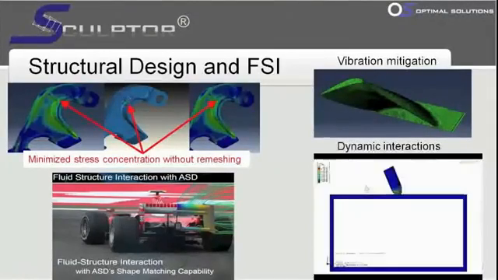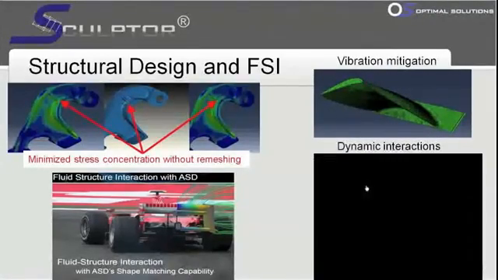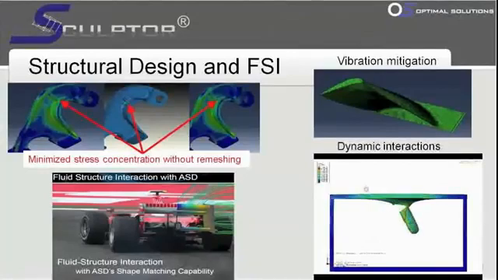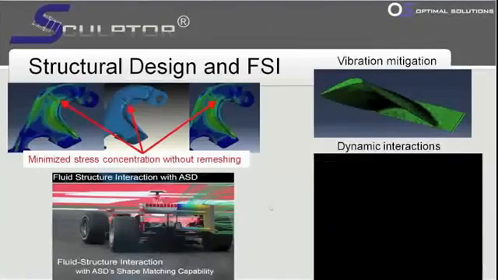And in the lower right, we could help optimize say a penetrating projectile. Also, fluid structure interaction down on the lower left is important, where we can morph both the structural FEA model and the fluid dynamic CFD model with the same shape deformation to look at fluid structure interaction.